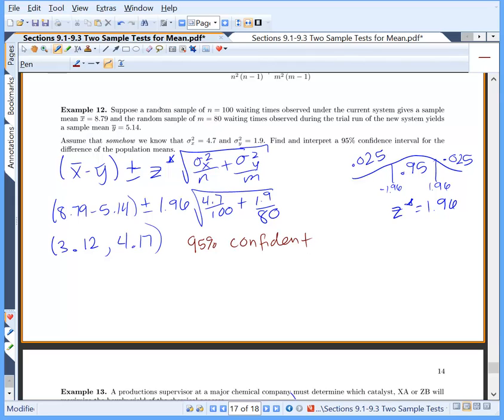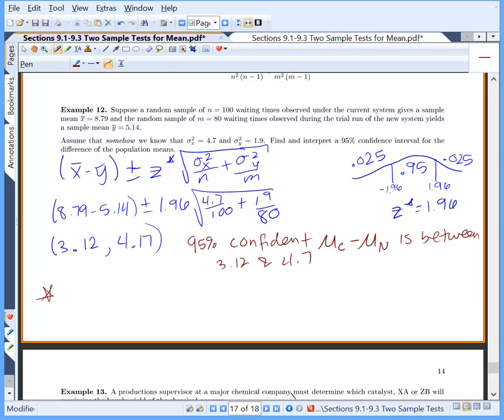So the 8.79 went to the current, so the mean for the current minus, then the 5.14, that was for the new, so the mean for the current minus the mean for the new is between 3.12 and 4.17. Okay, so that's a very short interpretation here, is that it's just the difference in the means is between those two numbers. But that doesn't really tell your boss much. We can make it a little bit prettier for him. Okay, a little bit simpler.